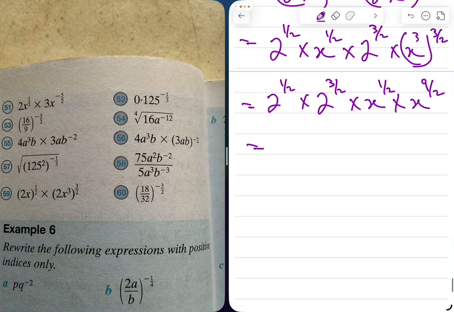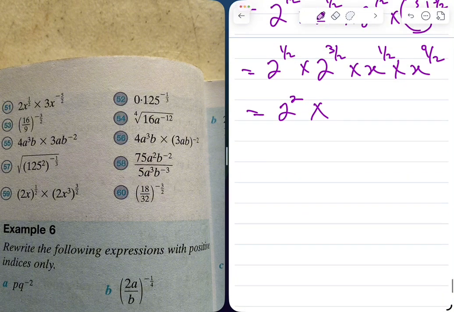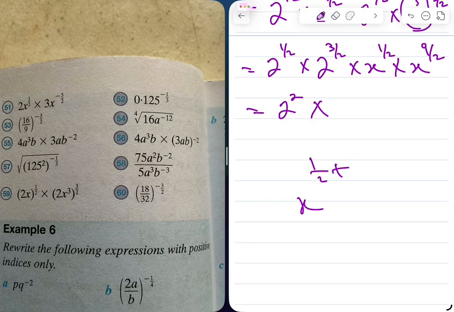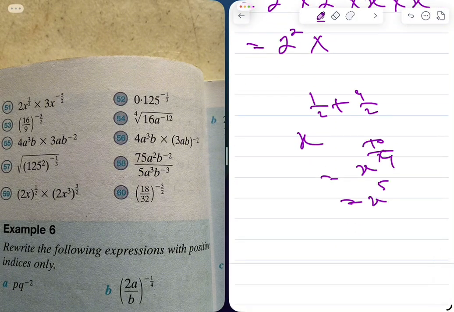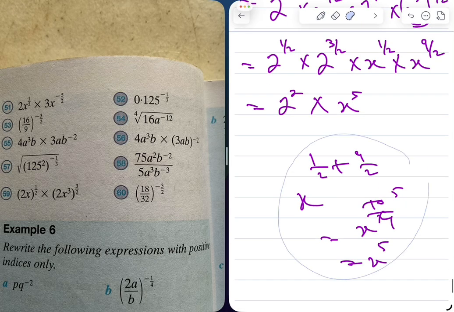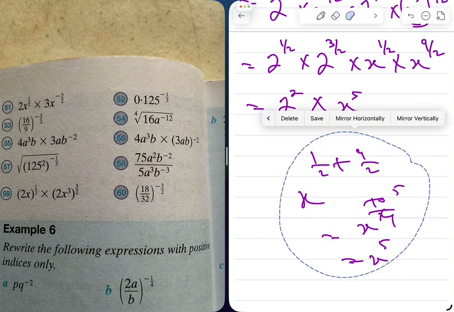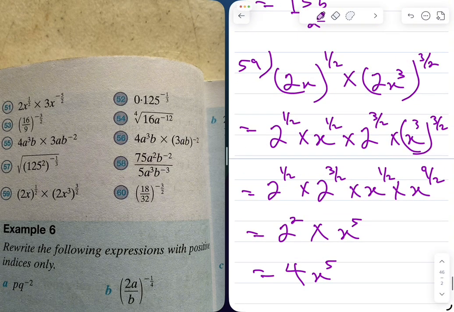That's 2 raised to the power 4 over 2, which is 2 raised to the power 2. x raised to the power 1 over 2 times x raised to the power 9 over 2 is the same as x raised to the power 1 over 2 plus 9 over 2, which is x raised to the power 10 over 2, and that is x raised to the power 5. Of course, 2 here 1, 2 here 5. That's 2 raised to the power 2 times x raised to the power 5. And what does that mean? That simply means 2 raised to the power 2 is 4, times x raised to the power 5. That's 4x raised to the power 5.